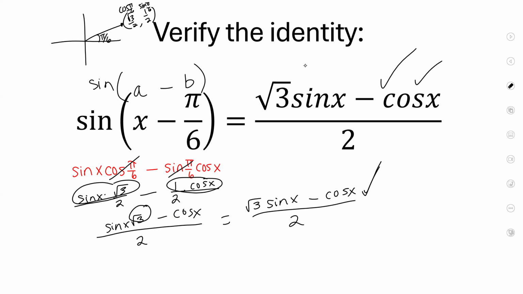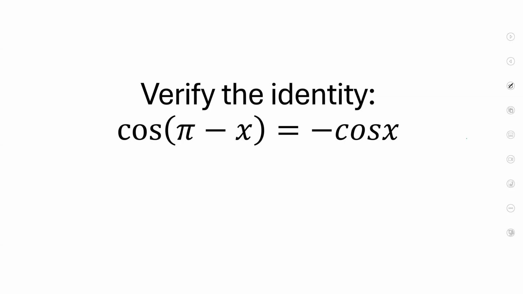Let's try another one. This is another difference one. Here's the formula. Cosine of a minus b is cosine a cosine b plus sine a sine b. These are opposites for cosine.